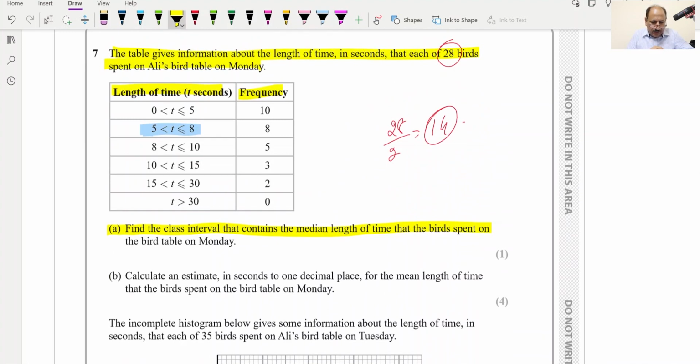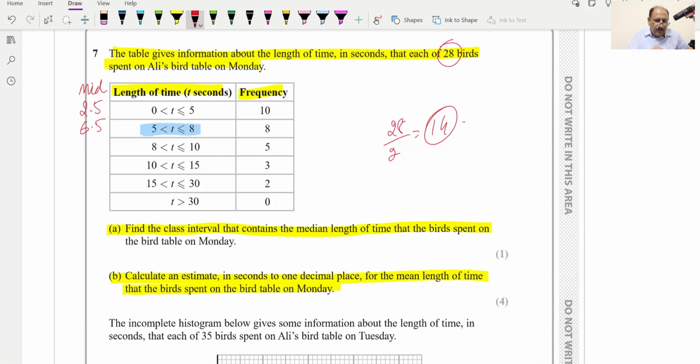B part is saying calculate an estimate, in seconds to one decimal place, for the mean length of time that the birds spent on the bird table on Monday. So mean we have to calculate. To calculate mean we have to add basically mid values. So 5 plus 0 divided by 2 will be 2.5, so we can write this 2.5. 8 plus 5 will be 13, so this will be 6.5.